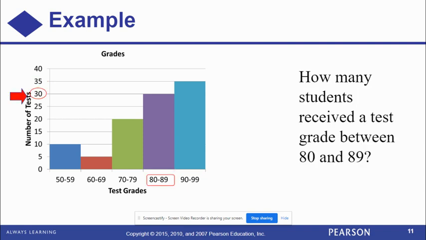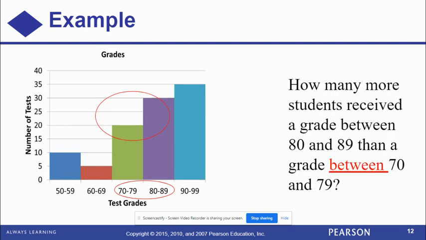The next question is, how many students received a test grade between 80 and 89? Looking at the graph, you see that 30 students received a grade between 80 and 89. Now, with this question, you have to be very careful. They ask, how many more students received a grade between 80 and 89 than between 70 and 79?